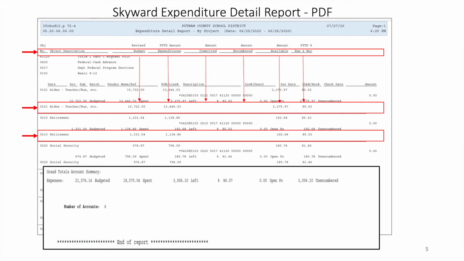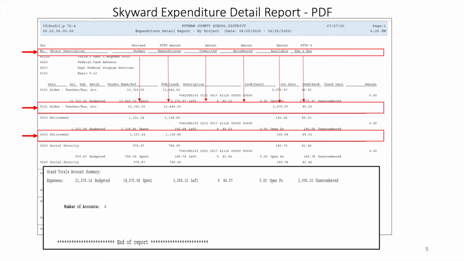Along with the budget worksheet that's on the drive, it's also very important to run Skyward expenditure detail reports at least every 2 weeks. This slide shows the PDF version, which can be very complicated when you're first looking at it, but let's see if I can simplify it.